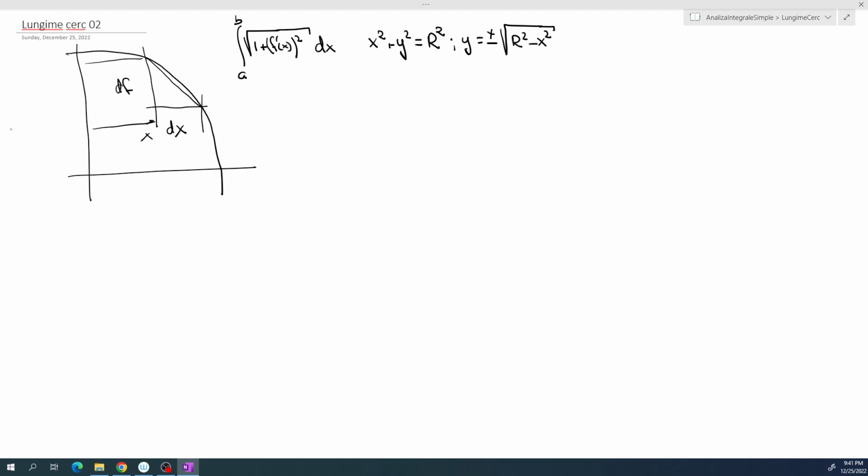The derivative of this function: d/dx of the square root of r squared minus x squared.